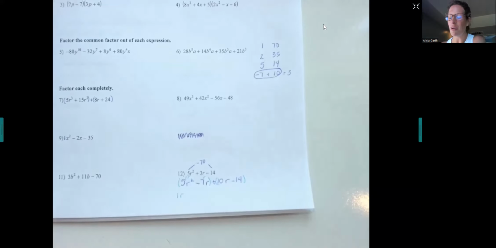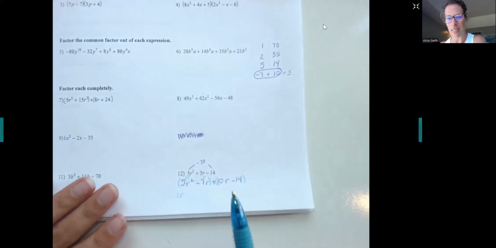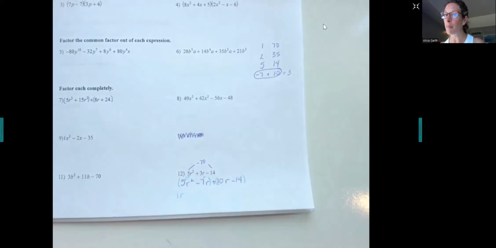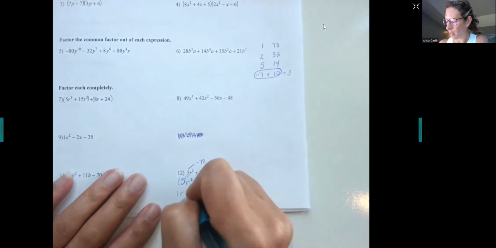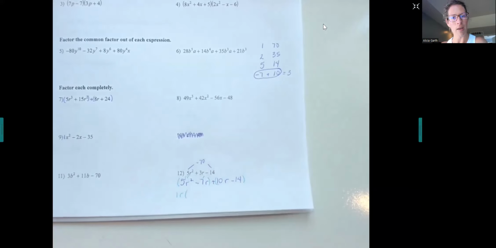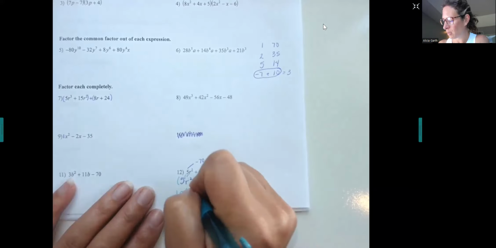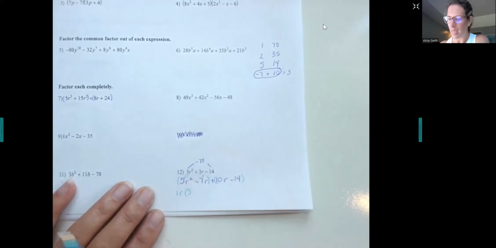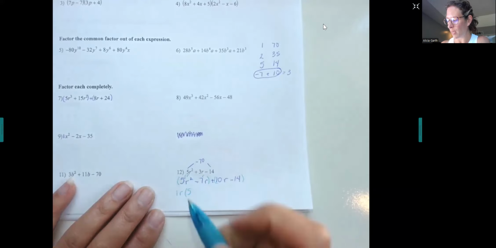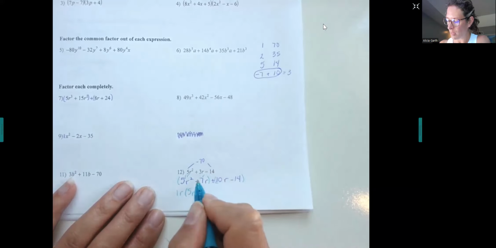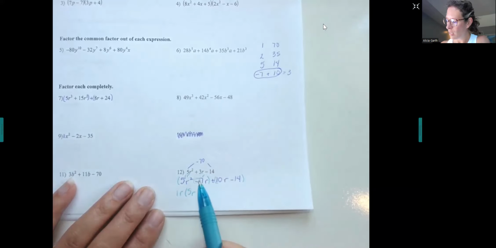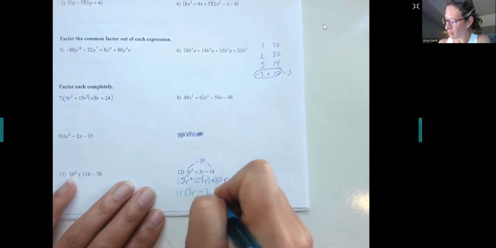All right, so notice that the highest variable I can take out of both of them is just an r. Then I'm taking 1 out. So 5 divided by 1 is 5. I had 2 r's. I took 1 out, which means 1 is left. Minus because of this minus. 7 divided by 1 is 7.